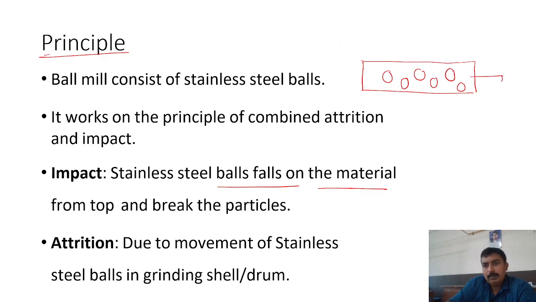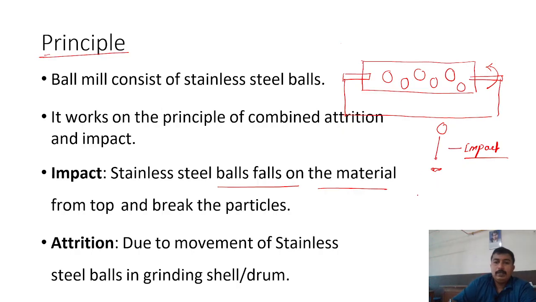This chamber, or we can call it a drum, is mounted on a metallic frame like this, and the cylindrical drum rotates along its longitudinal axis. So due to the continuous rotation of the chamber, the first important thing that takes place is that balls fall on the powder particle, and this is known as impact.